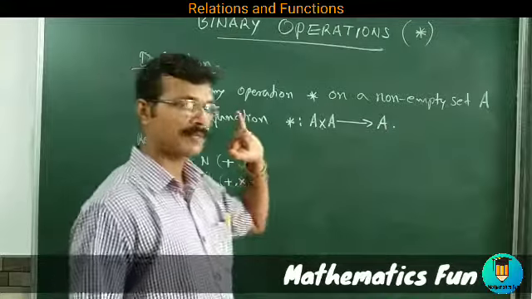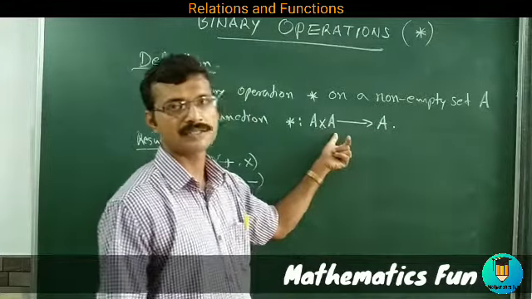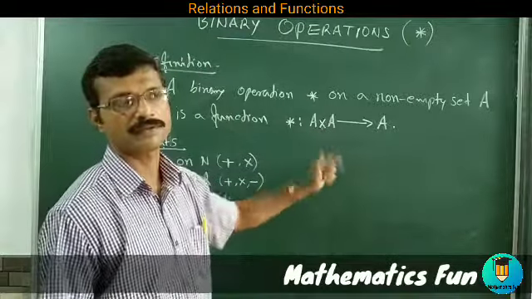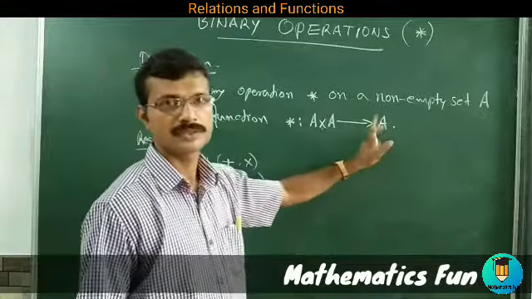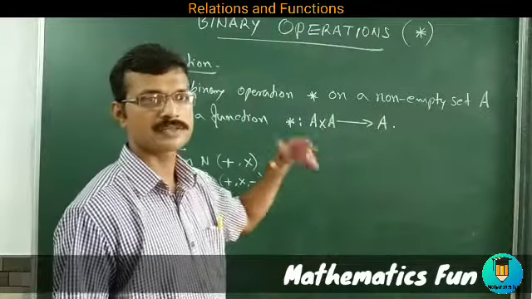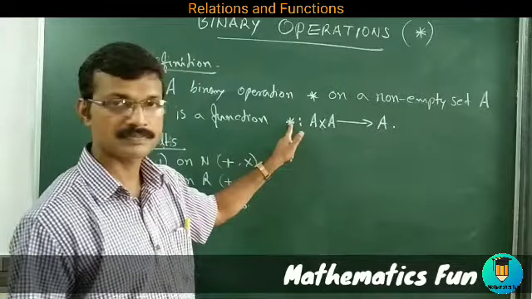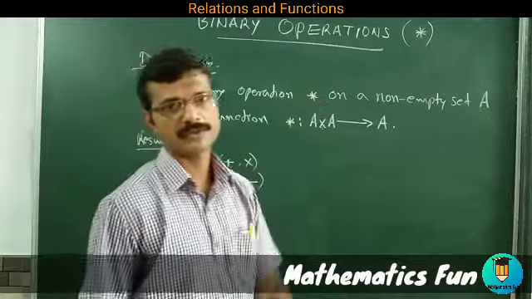If you multiply two natural numbers, like 5 and 4, 5 into 4 is 20, which is also a natural number. So multiplication is also a binary operation.